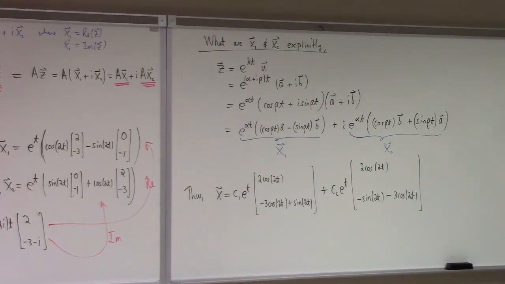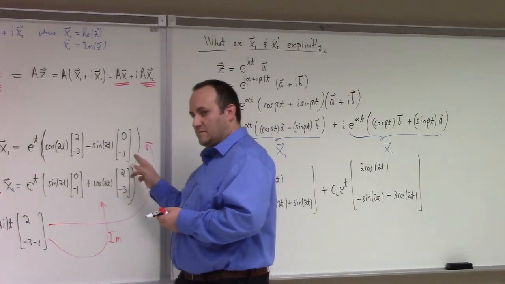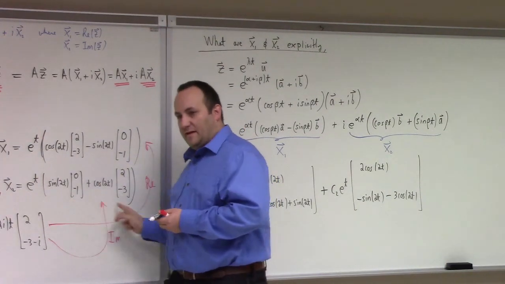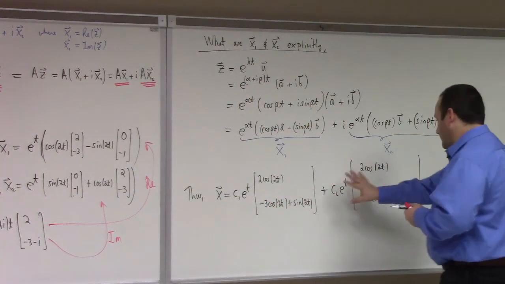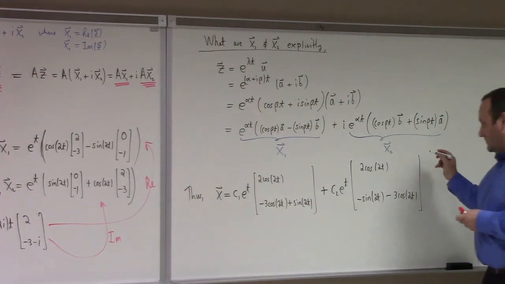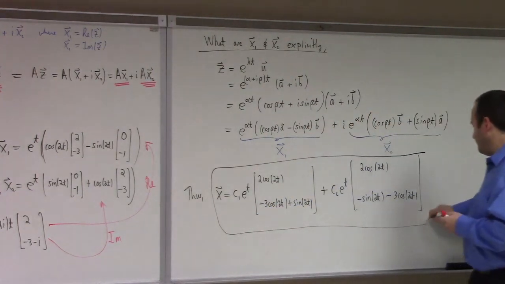I'm usually okay with you writing your answer basically as just C1 times this thing plus C2 times that thing. That's also an acceptable answer. It's just I wanted to put them together to give you a slightly better answer like this. So there you go. That's the vector form of the general solution to this problem.